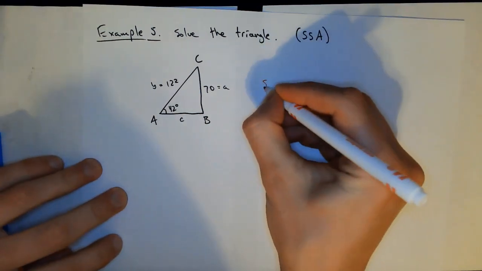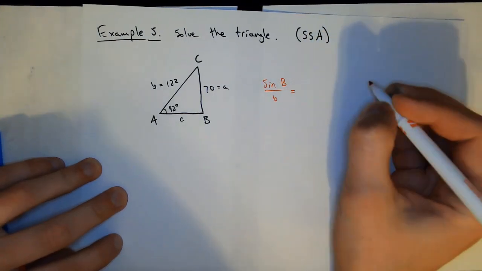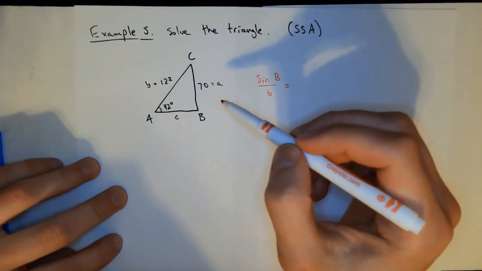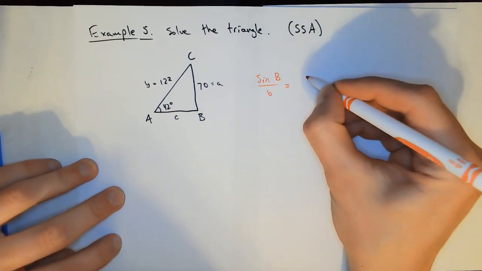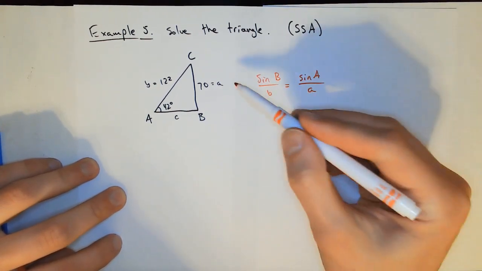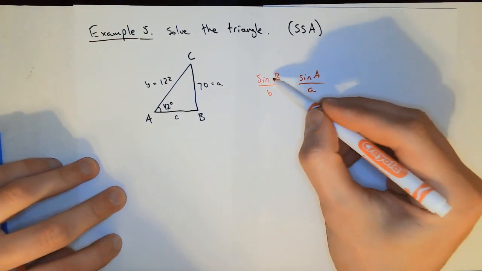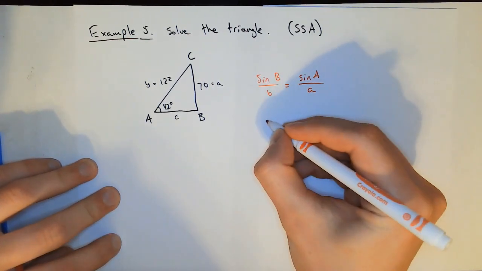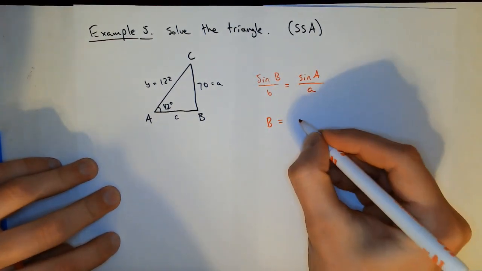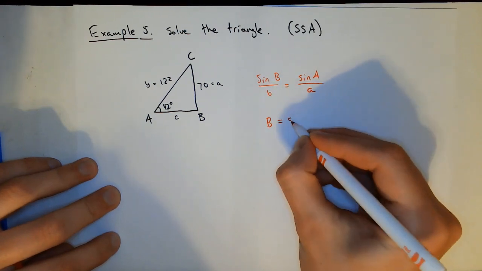So I'll say sine of b over little b is equal to, definitely want to use a here because I know angle a, so sine of angle a over little a, because I know angle a and little a. Good. And I know little b, right? So I'm going for this b. So solving this all at once, I'll multiply by b over here, so that'll give me sine of a over a times b, and then I'll also take a sine inverse of that.